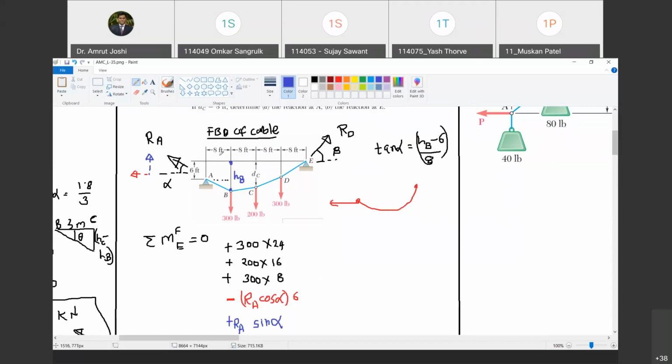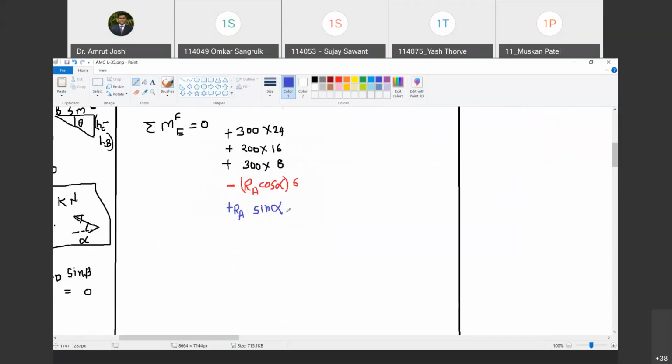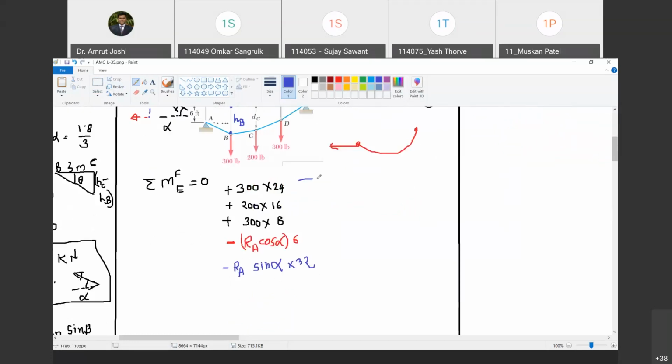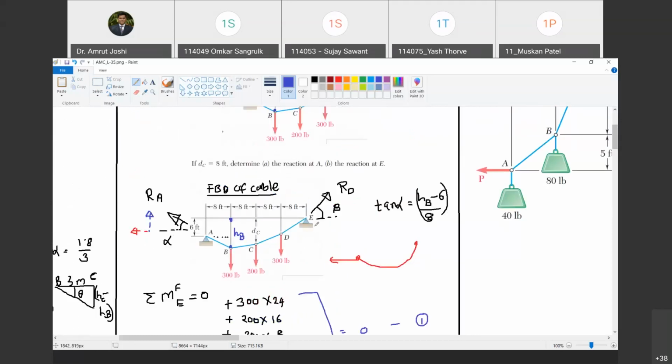And what is the value? 1, 2, 3, 4. So into 32. So I have to change this sign to negative. So minus RA sine alpha into 32. This has to be equal to 0. This is my equation number 1. Happy?